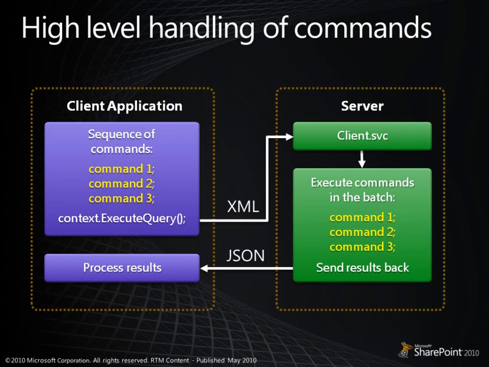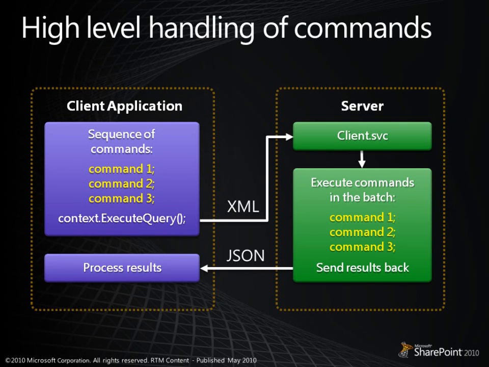As mentioned in a previous slide, we can batch the calls before executing them. So this means that, as illustrated on this slide, we can make it so that multiple requests are executed at one time when we call the execute query method. These requests are sent to the server via XML, and the client.svc is responsible for executing the commands in the same order as they were requested on the client side, which follows the first in, first out model.